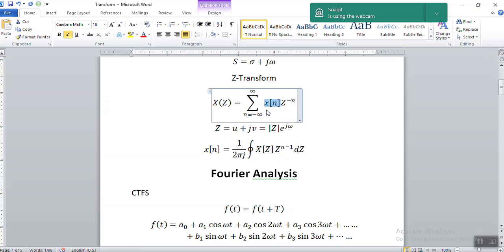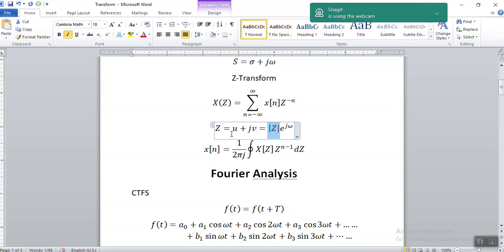Now what does z equal to e to the power j omega mean? It means the magnitude of z is equal to 1. What does it mean? If modulus of z is equal to 1, then in the z plane, the circle centered at origin has radius 1. Modulus of z equal to 1 is nothing but the equation of a unit radius circle centered at origin.